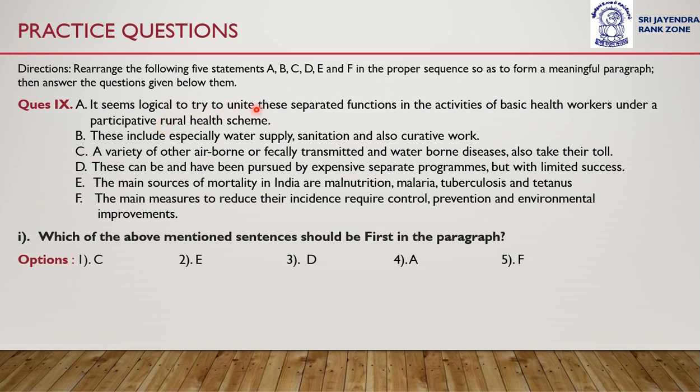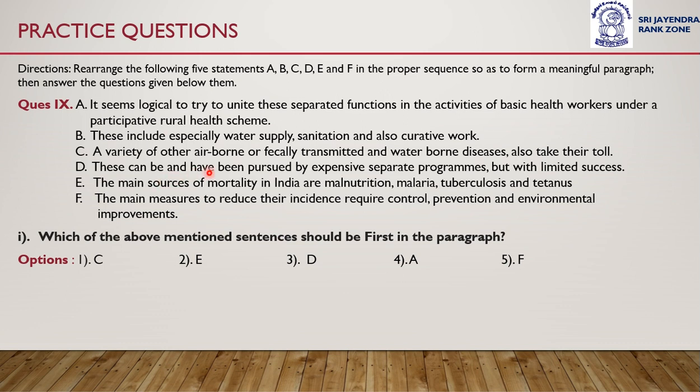It seems logical to try to unite these separated functions in the activities of basic health workers under a participative rural health scheme. These include specially water supply, sanitation, and also curative work. A variety of other airborne or fecally transmitted and waterborne diseases also take their toll.